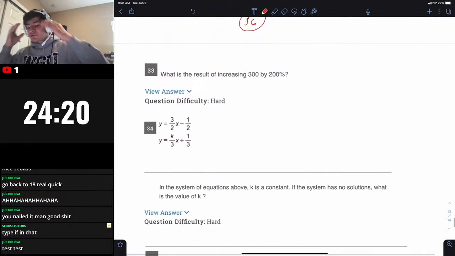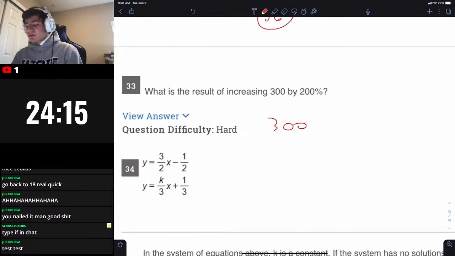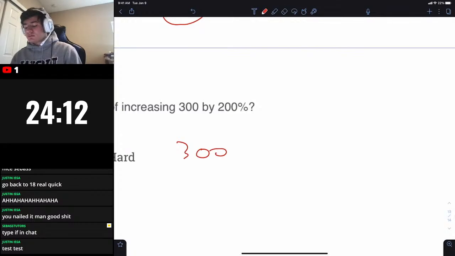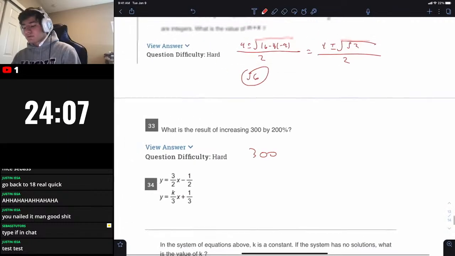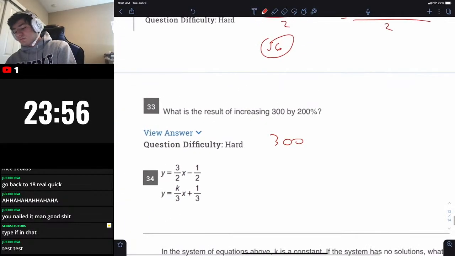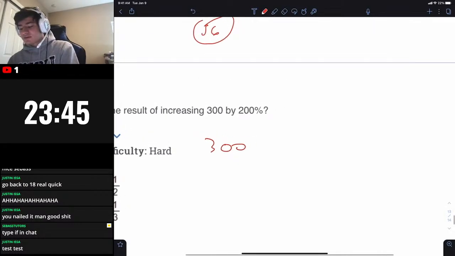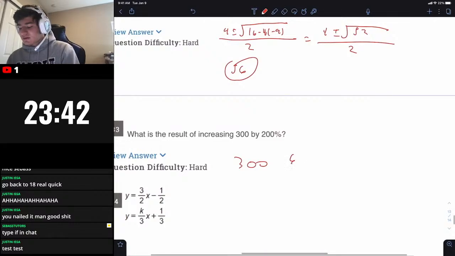Yep. Alright, what is the result of increasing 300 by 200%? Okay, so 300, and then... This is really weird. Hold on. 300 by 200%. Well, if you increase 300 by 100%, you get 600, right?